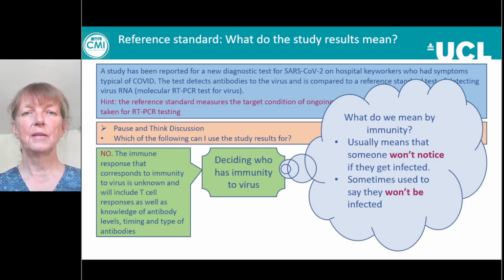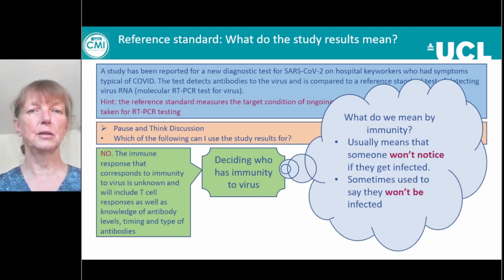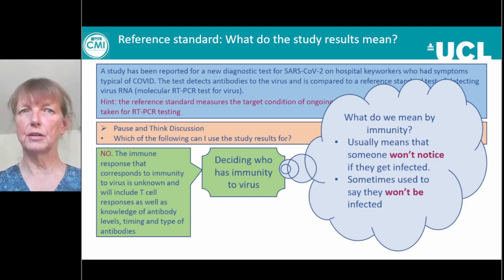Okay, and that reference standard about immunity to the virus would have to include T-cell responses as well as knowledge of the antibody levels and the antibody responses, including the time and the type of antibody, because actually if you want to say someone won't be infected, you need to say they have the antibodies protecting them at the place that the virus would enter. And the place that the virus would enter, for SARS-CoV-2, for a lot of infections, is the nose and the throat.